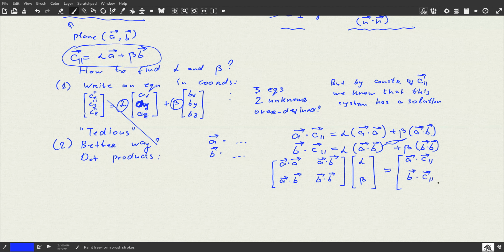Okay. So what about this matrix? Let me denote it by, for example, Q.